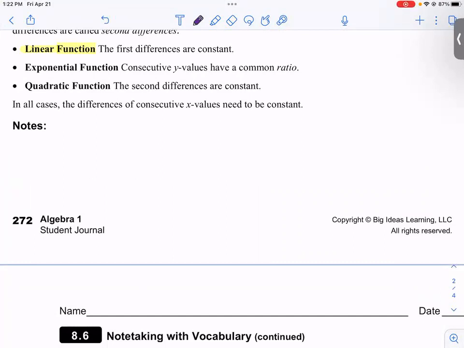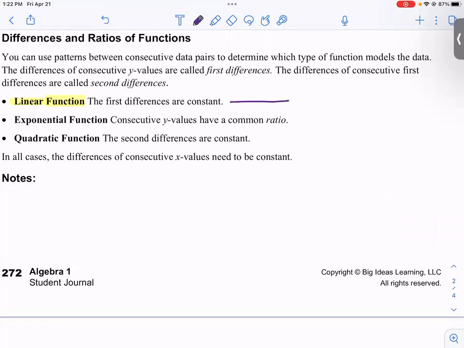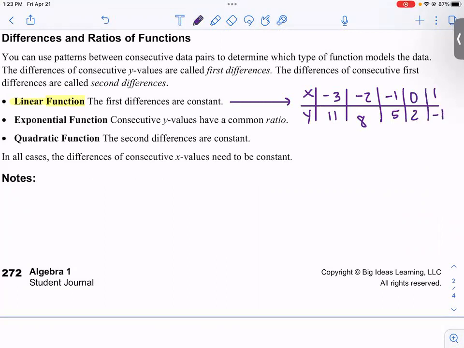Okay. What does that mean? Let me show you. We're going to draw this right here. So I'm going to have you draw an XY table. Okay. I want you to draw this XY chart.